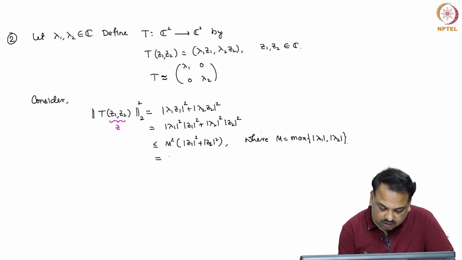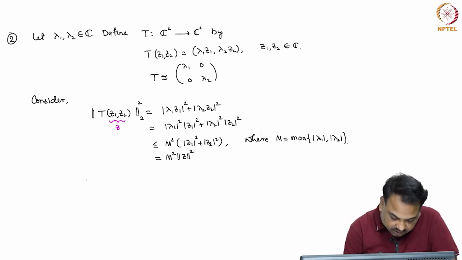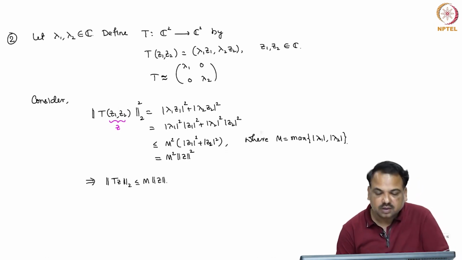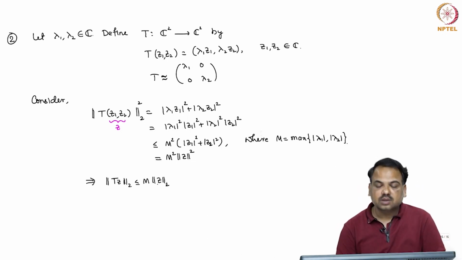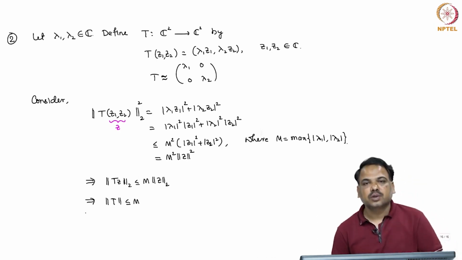So this is nothing but m squared into norm z squared, where z is (z1, z2). So from this we can conclude that norm of Tz is less than or equal to m times norm z. Here also it is the Euclidean norm of z. So we can say that norm of T is less than or equal to m, where m is the maximum of mod lambda 1, mod lambda 2.